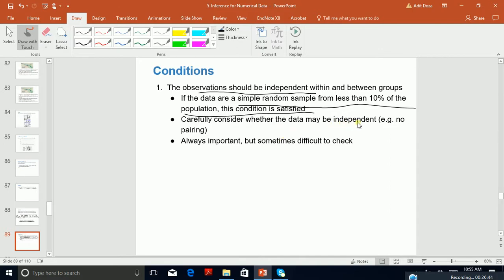If there is pairing, then they are dependent, right? Like if someone is good in English, their writing score would be higher. Not only their writing score, their reading score would be higher as well as their speaking score, right? So they are paired in that sense. If they are paired, then we cannot construct the hypothesis as such.